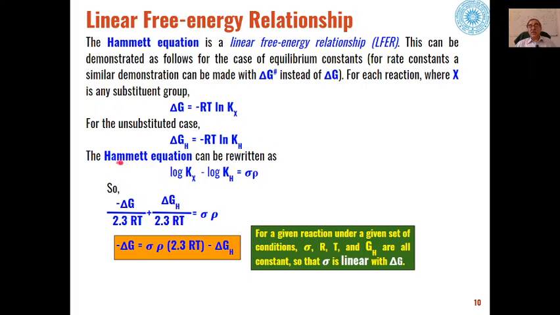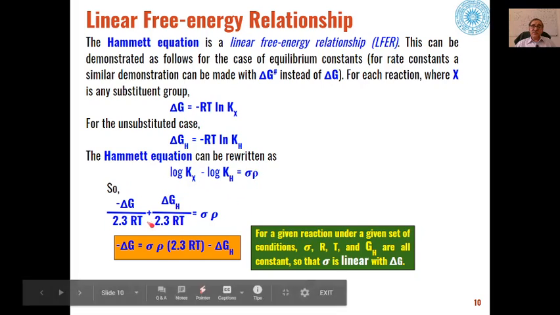And as we know, the Hammett equation is log Kx minus log Kh is equal to sigma rho.